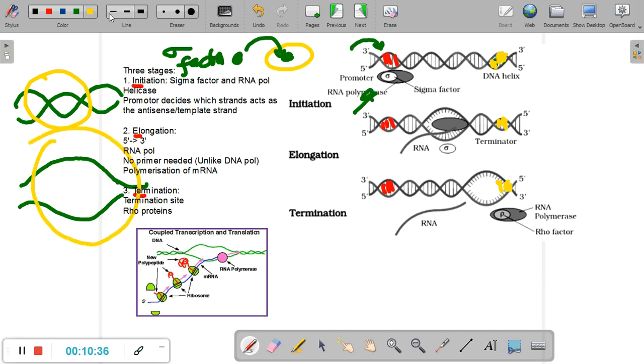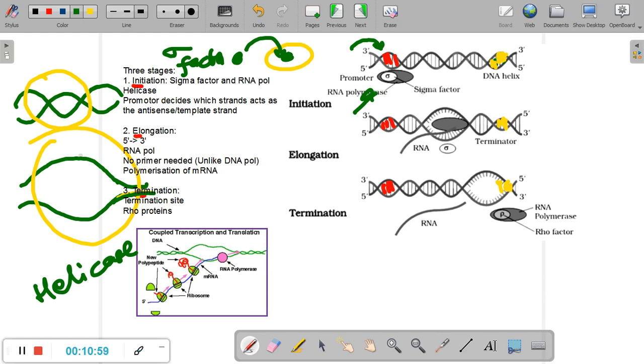So what basically forms the bubble? If you recall DNA replication, this bubble was formed by the enzyme called helicase, right? And here this particular enzyme, RNA polymerase, is executing the function of helicase. It does not require another enzyme, and that is why we call RNA polymerase a multifunctional enzyme.